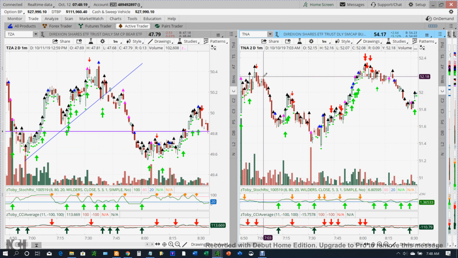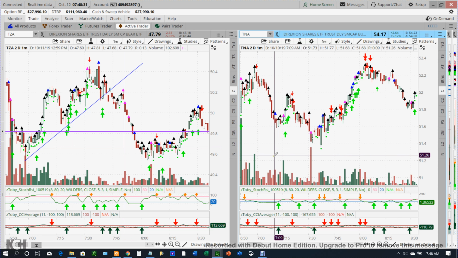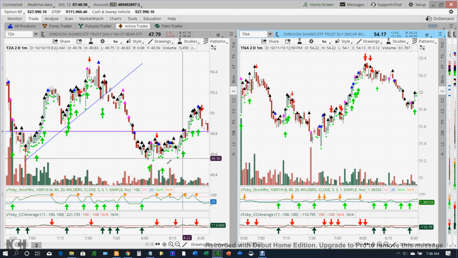On the right side, the price goes down and then up. But what's not as clear is that the volume doesn't exactly mirror the volume on the right. Sometimes you'll get more indicators on one or the other, and sometimes these little arrows will appear at the same time, and sometimes one will appear first before the other.